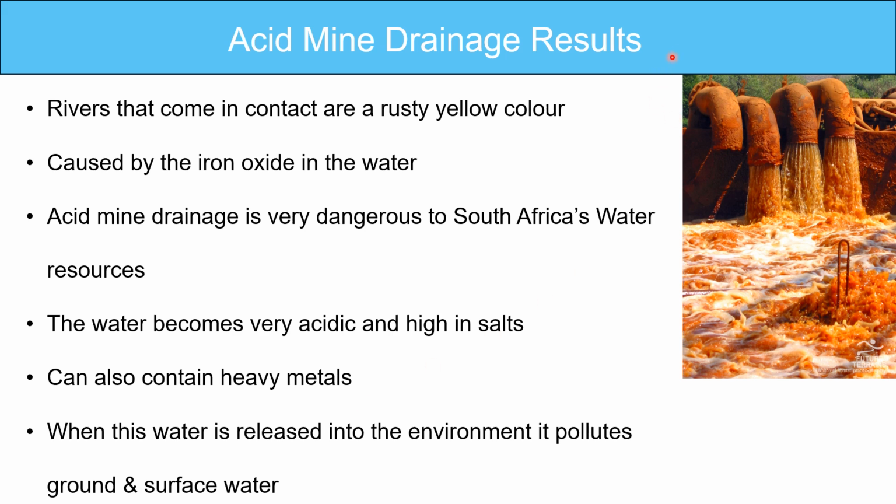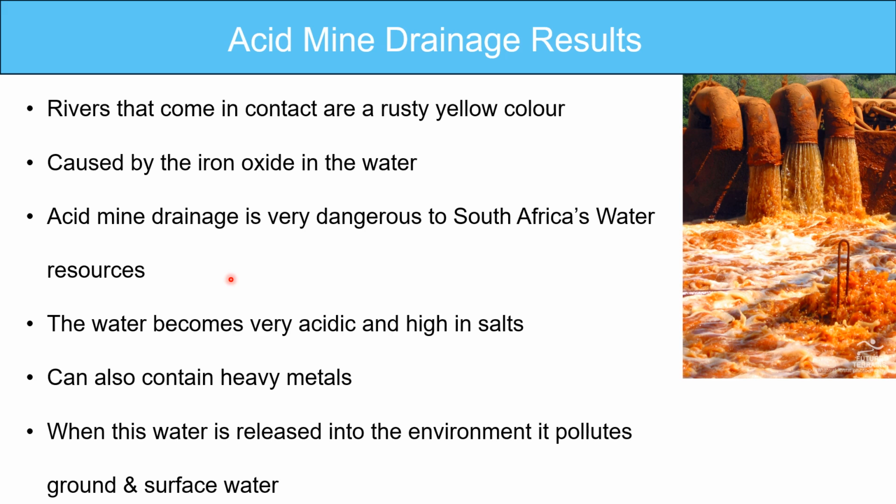So why is this so bad for the environment? Why is it causing all this trouble? What are the results? The result of acid mine drainage is that when it comes in contact with rivers or water sources, an easy way to spot it is that it becomes a rusty yellow-orange color, like you'll see in this little image here. This color is obviously caused by the iron oxide in the water, and it's very dangerous for South Africa's water sources.